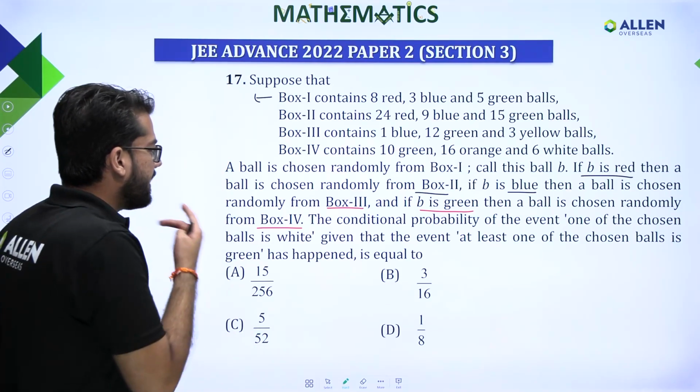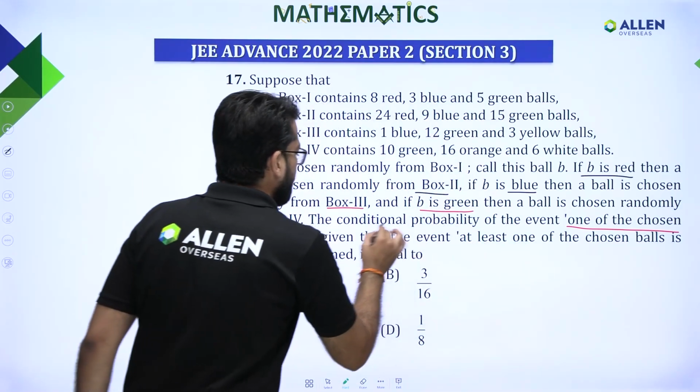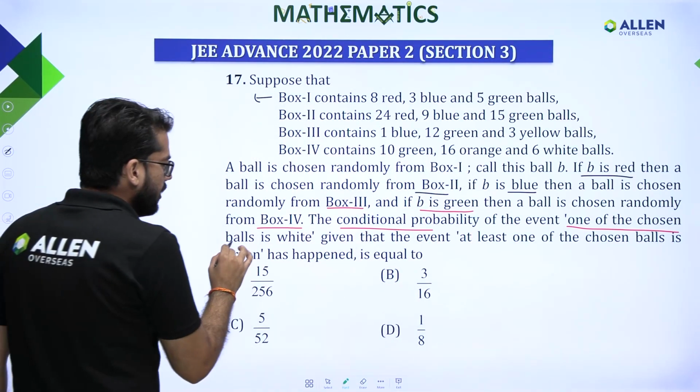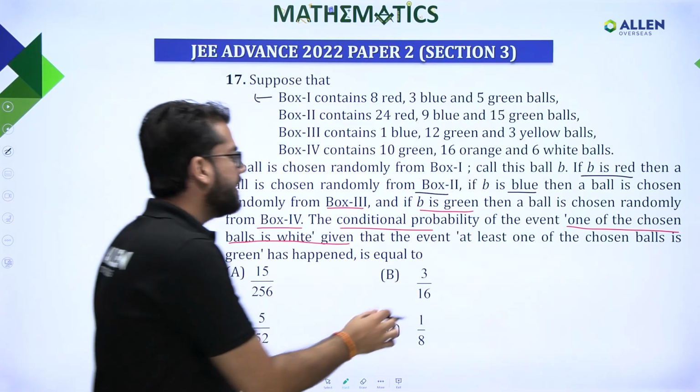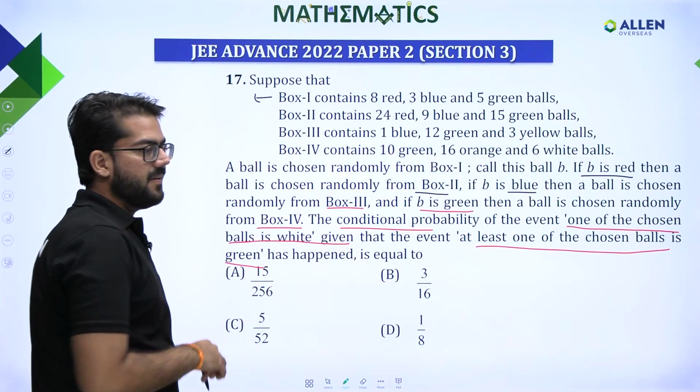Now, we need to find the conditional probability of the event that one of the chosen balls is white, given that at least one of the chosen balls is green.